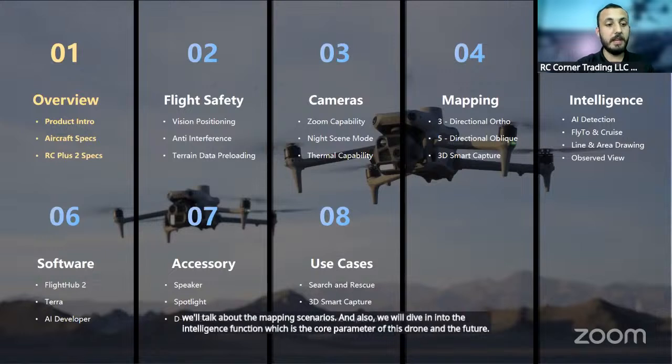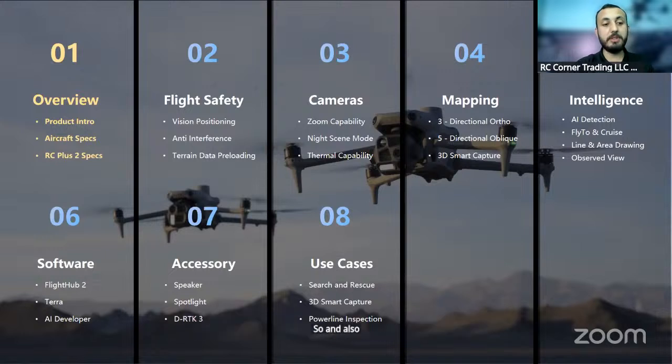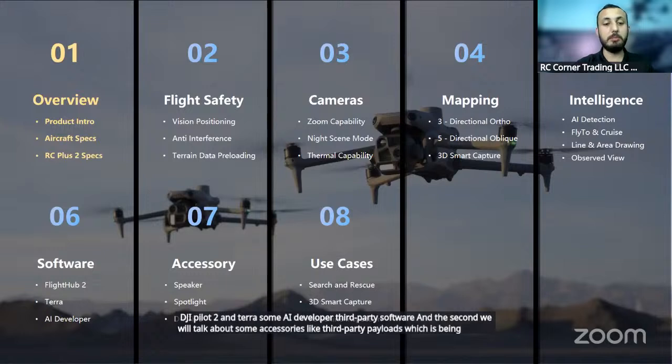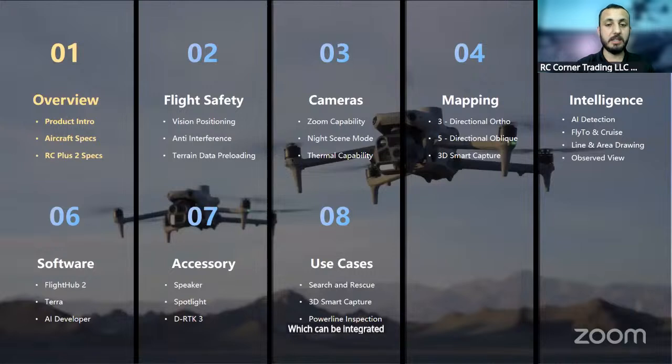We will also talk about software like Flight Hub 2, DJI Pilot 2, and Terra, and some AI developer third-party software. Then we will talk about accessories like third-party payloads which can be integrated with the DJI Matrice 4 series. And in the last, we will talk about the use cases.